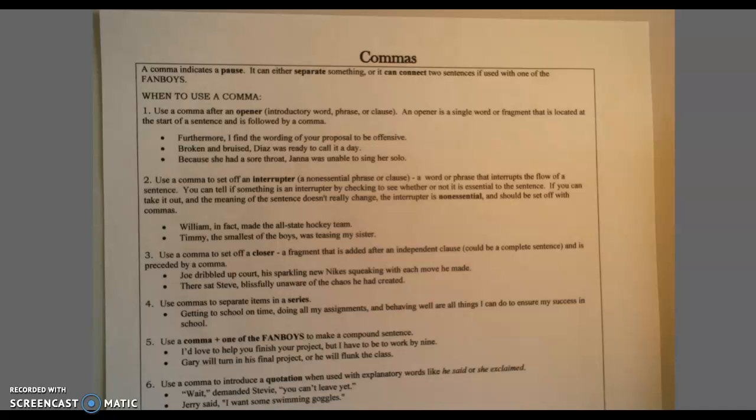It's Monday, it's April 20th, and we are starting a new unit in grammar. Our unit is focusing on commas, semicolons, colons, and dashes. What I have for you today is just a review of some of the material that is in your grammar workbook, your grammar notebook.